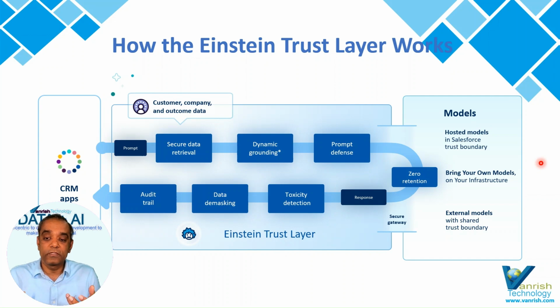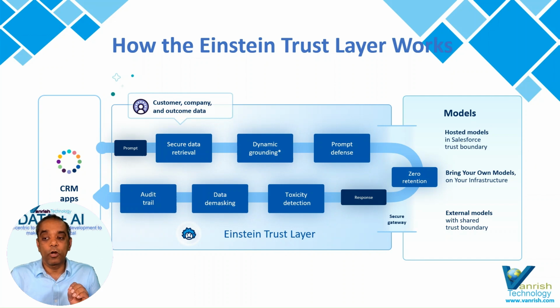When a request to the trust layer is made from any of your Salesforce apps, a prompt template is called and orchestrated by the trust layer through a standardized internal API. The prompt is then made relevant through dynamic grounding in your CRM or Data Cloud data. Then a number of security measures are employed to ensure the data is not compromised when interacting with the AI model.